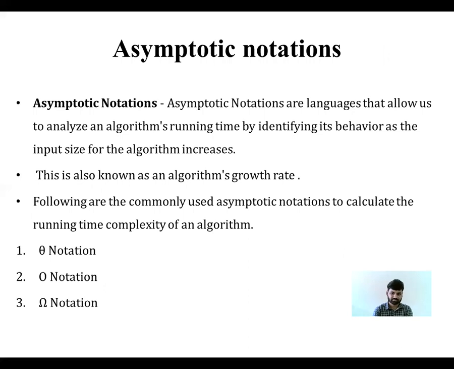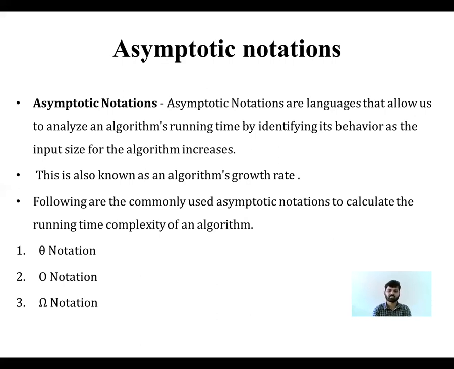Then for these cases of analysis you can use asymptotic notations. Asymptotic notations are the languages that allow us to analyze the algorithm. We have to analyze these algorithms by using various notations. These notations are also called an algorithm's growth rate.